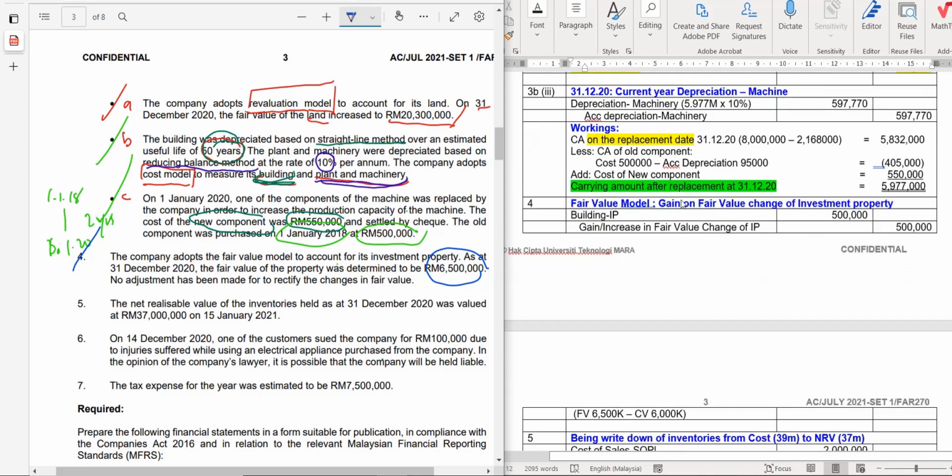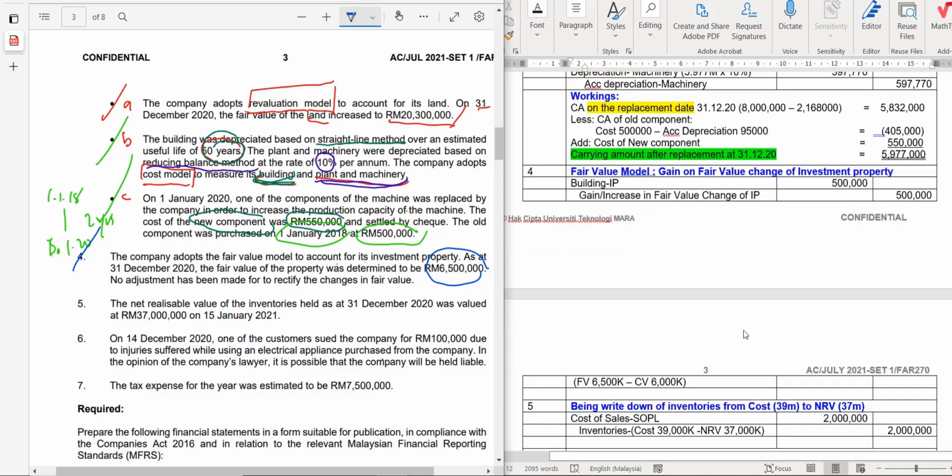Under fair value model, the gain on fair value change of investment property is 500,000, where you take 6.5 million minus carrying value 6 million, so we have 500,000. And this can be disclosed later as part of other income in your statement of profit or loss. You are going to disclose then as part of other income.